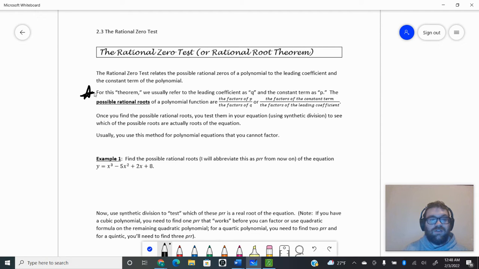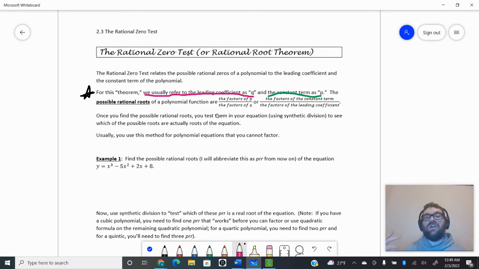Again, I don't have a stylus, so bear with me. We take the factors of the last term, which is normally denoted as p, and divide them all by the factors of the first term, which is just called q. And that's how we come up with all the possible rational roots.